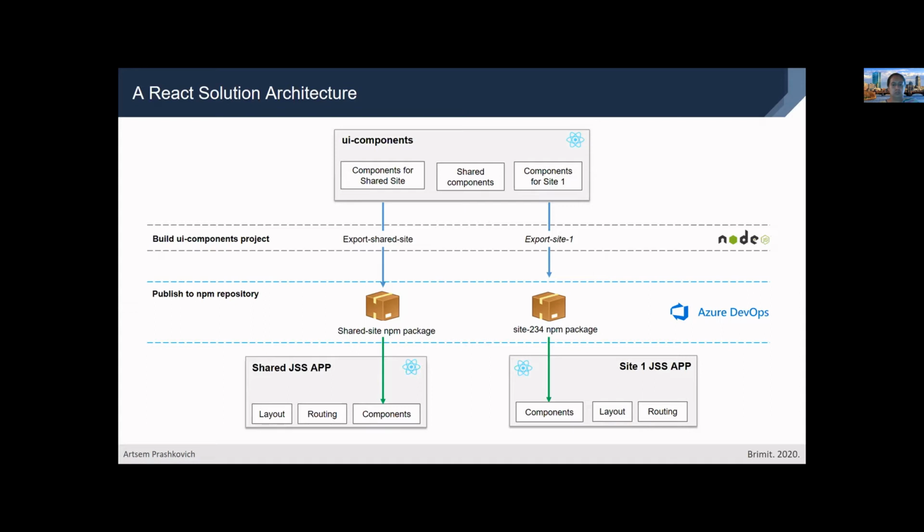After the build is complete, the code is published to the private Azure npm repository. Then when we build the shared app, for example, it downloads the corresponding package with the components from the repository. This is really helpful because we have to take care of each byte of assets to meet our main requirement.